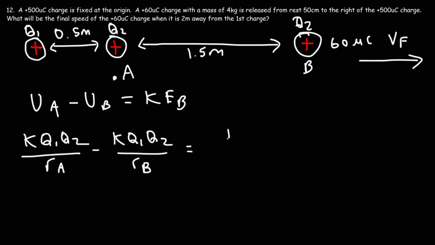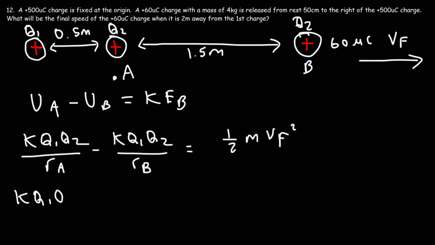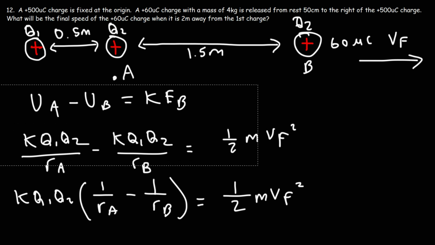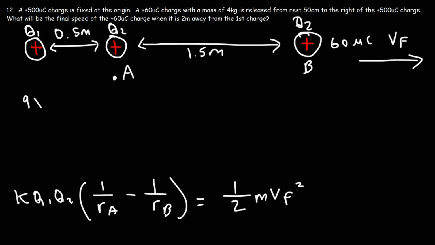And this is going to be 1/2 mv final squared. Now to simplify the math, we could factor out K Q1 Q2 because they're the same. If we take that out, this is going to be 1 over RA minus 1 over RB. So we have K, 9 times 10 to the 9.